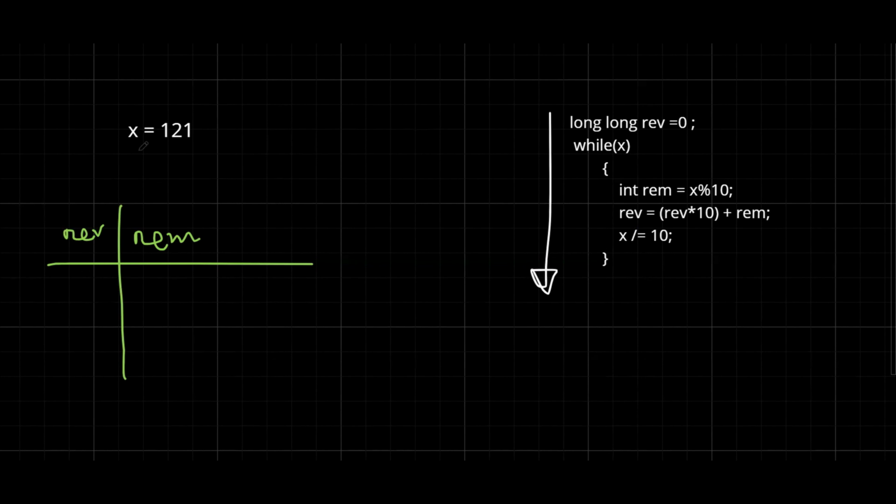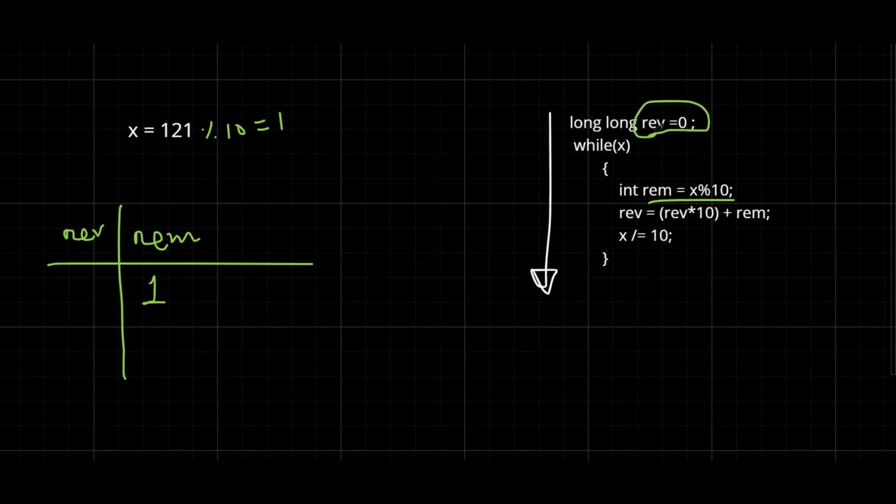Now, our input is 121. So according to the algorithm, at first we have to find the remainder of 121 with 10. The remainder of 121 with 10 will be 1. Now at first, the value of reverse is 0.